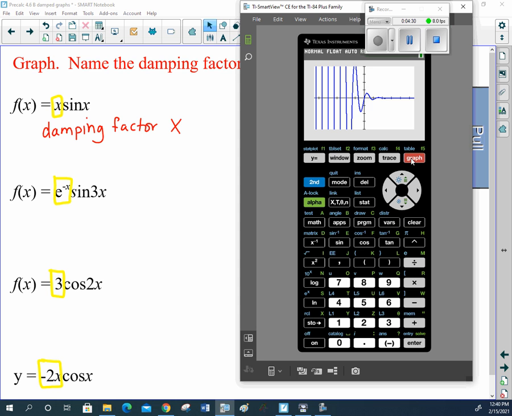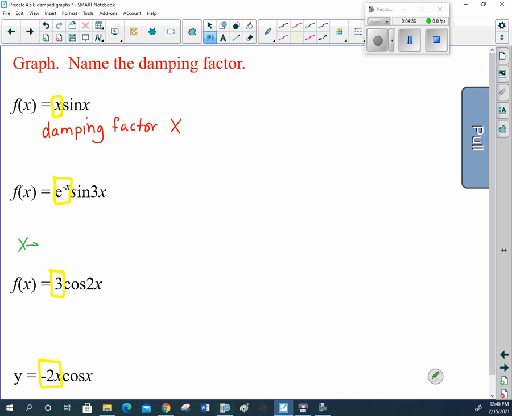You can see this one as x goes to positive infinity, how's it damping? As x goes to positive infinity, as you keep moving right, the y goes to 0. And the damping factor on that was e to the negative x.